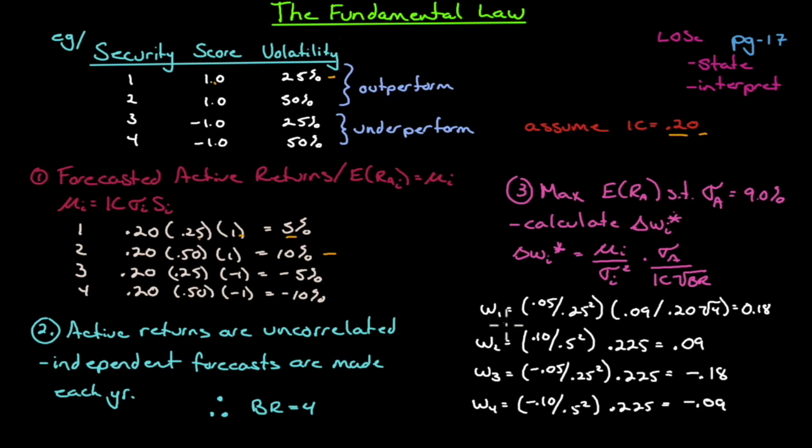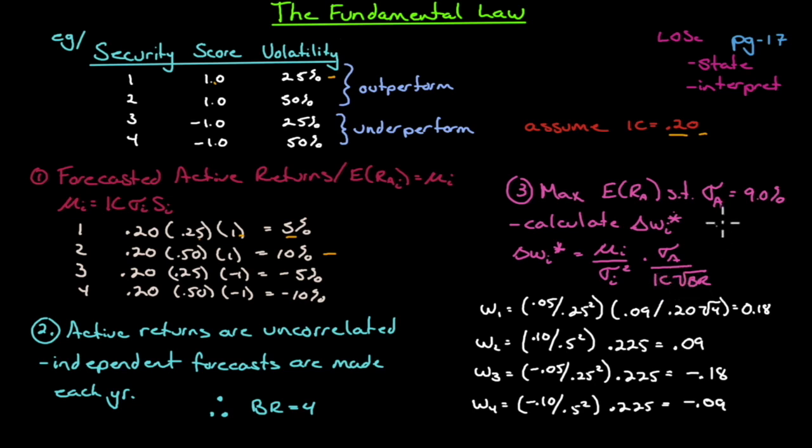So the weighting on the first one, we gave this formula on the last page, I've rewritten it here, is our forecast for the first stock. Our forecast is 0.05 divided by the variance. The volatility is 0.25, that's a standard deviation, so divided by 0.25 squared, multiplied by the active risk that we're taking on, 0.09, divided by IC multiplied by the square root of BR.